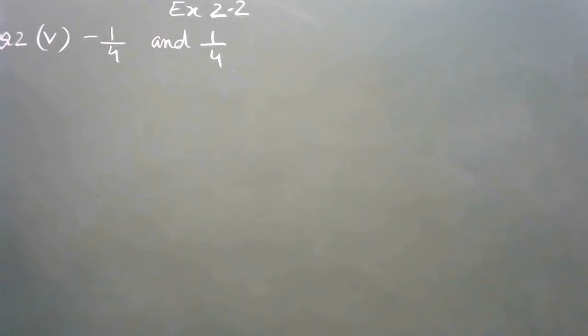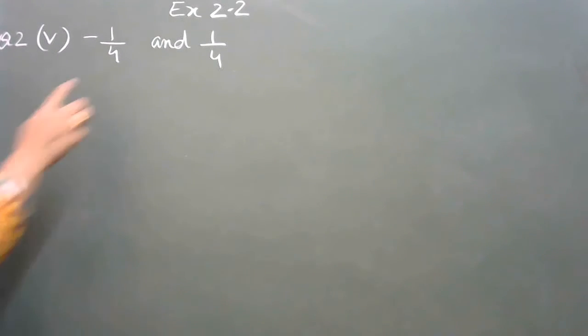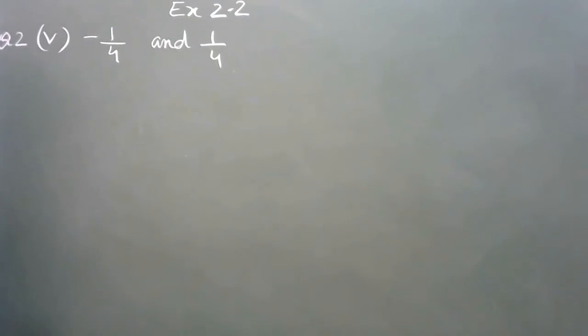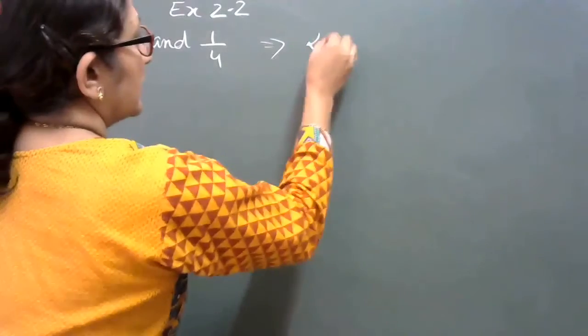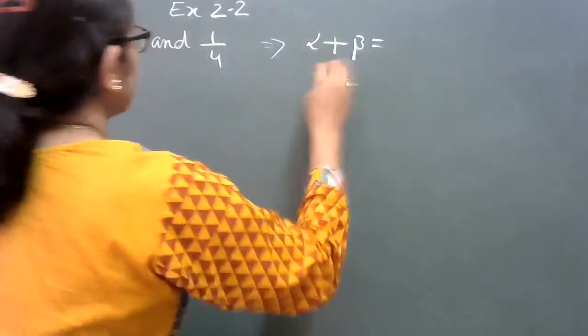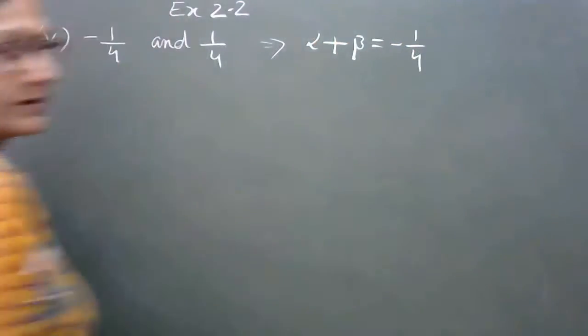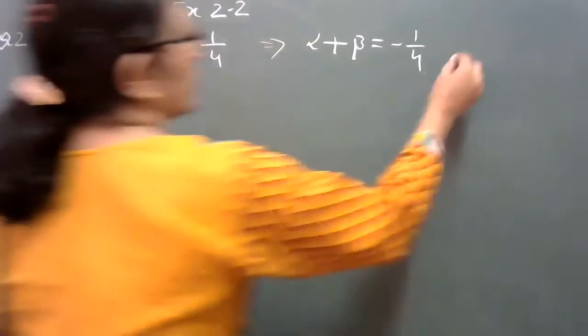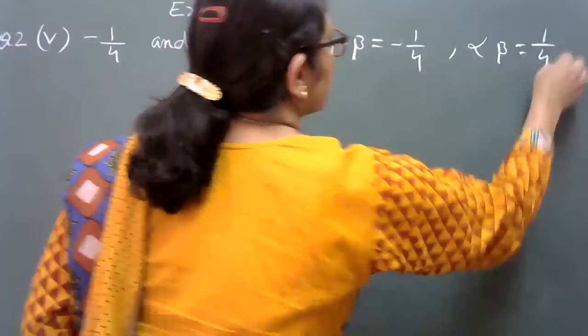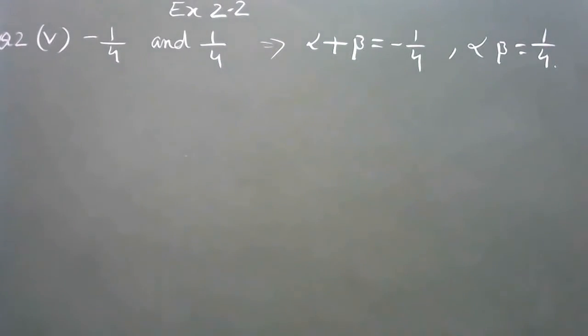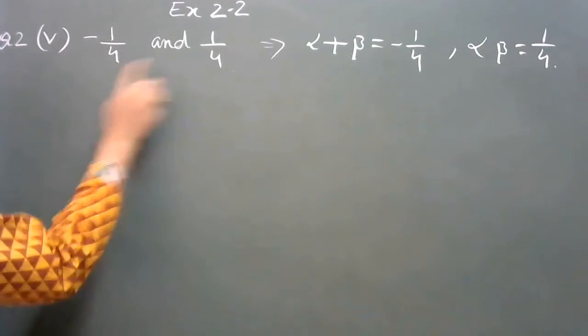So here question number 2, fifth part. Again here sum of zeros and product of zeros. It means you are given the value of alpha plus beta is equal to minus 1/4, and the second value, product of zeros, alpha into beta is equal to 1 by 4. Don't be confused. These are not the zeros.